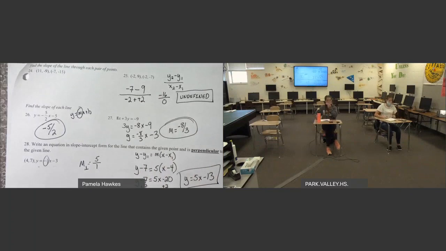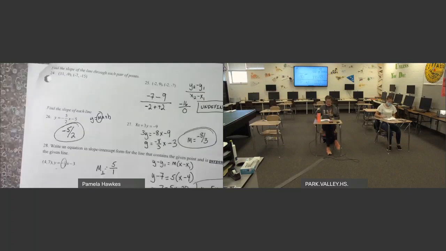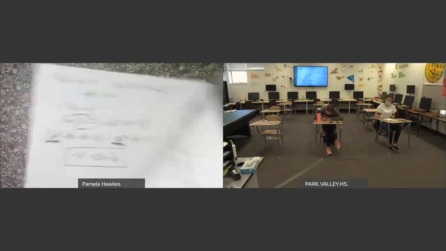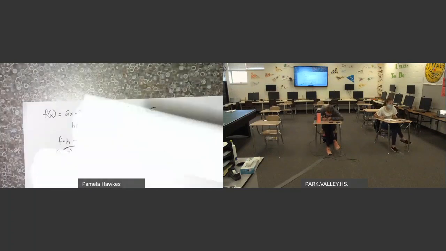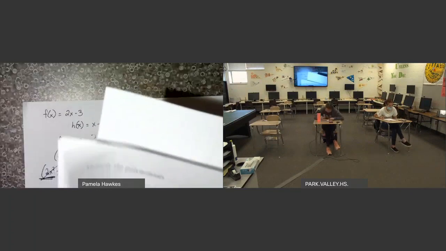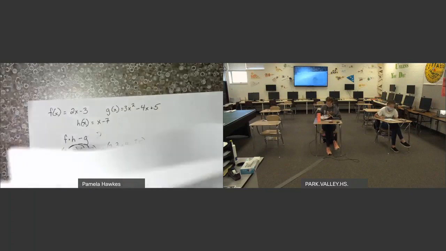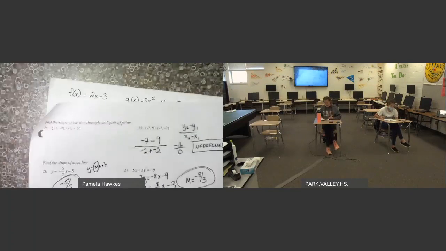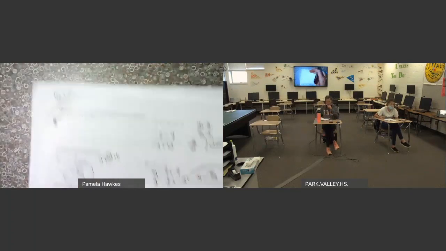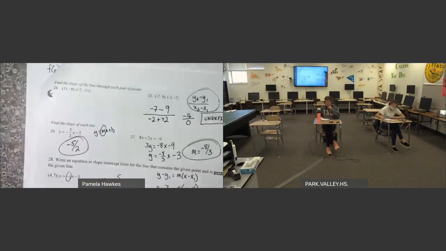All right, let's go Weston. 24, okay. 24 says find the slope. So we use this formula again, right?